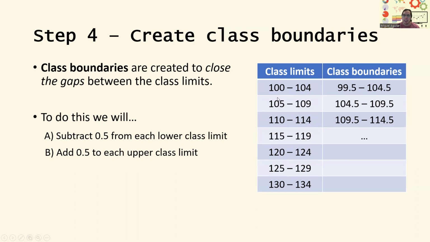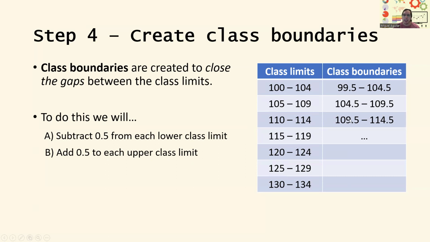If we subtract 0.5 from the second lower class limit, we should get the lower class boundary of 104.5. And we can do the same process here. Take the 110, the third class lower limit, and subtract 0.5, and we get 109.5.